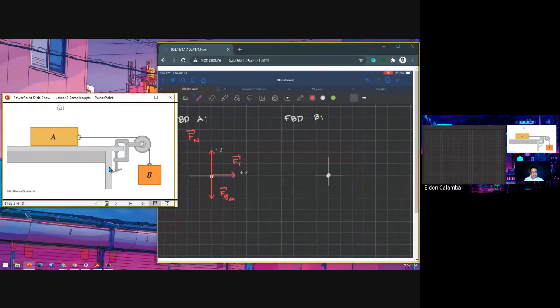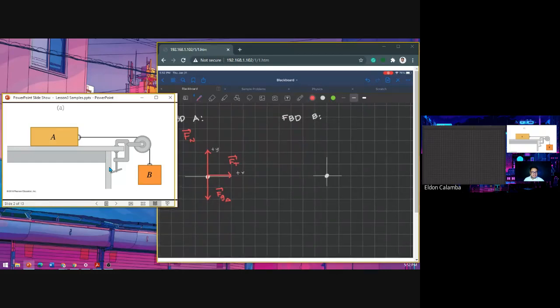Nakahang siya by a string na nakakabit papunta kay A. So, meron siyang tension force. Okay? So, ang tension force going away, so since nasa taas, so papunta pataas ang ating tension force. So, let's have that as Ft. Ayan. And then, meron siyang mass, meron siyang pull of gravity. The gravity is constantly pulling on it.